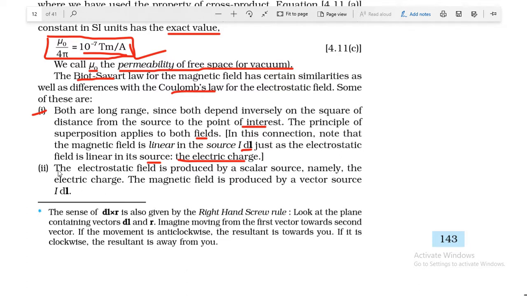But there is a difference: the electrostatic field is produced by a scalar source, namely the electric charge, whereas the magnetic field is produced by a vector source, that is Idl.